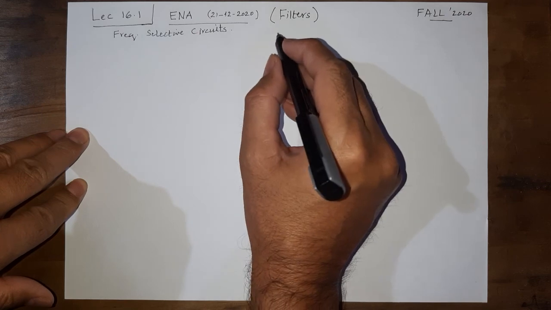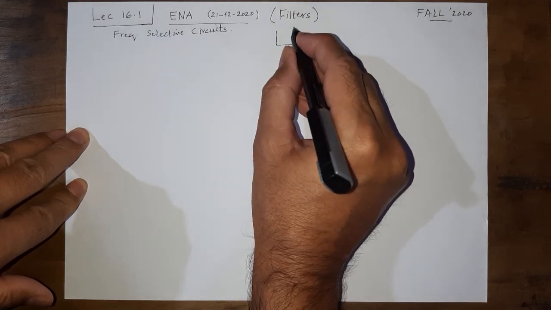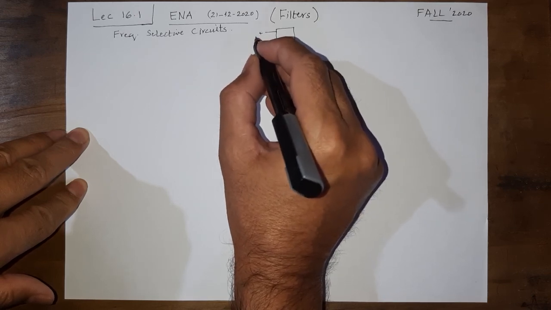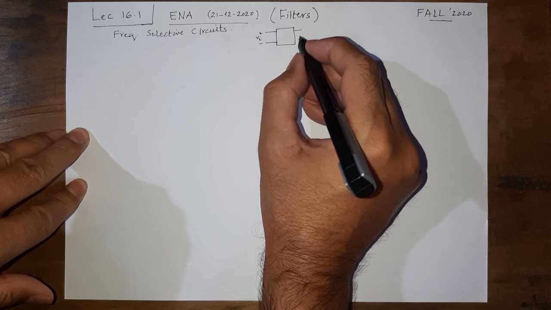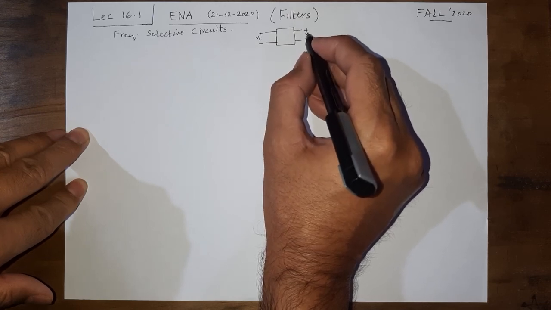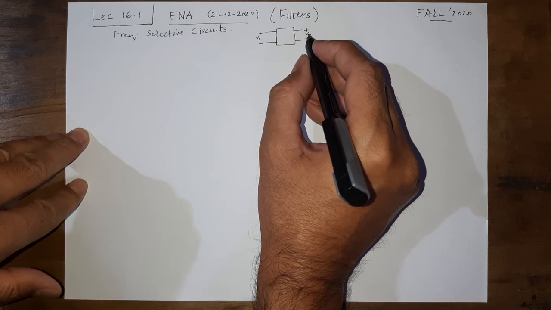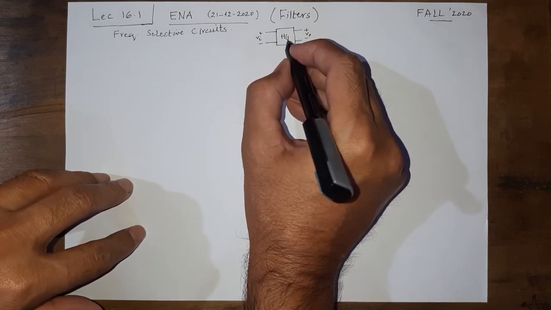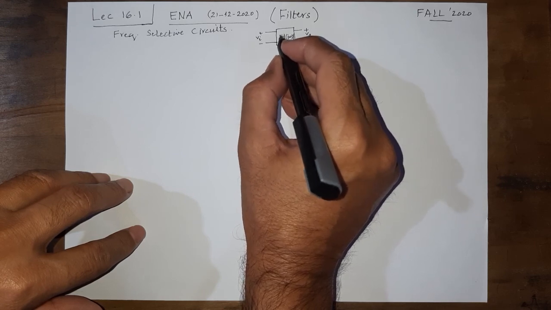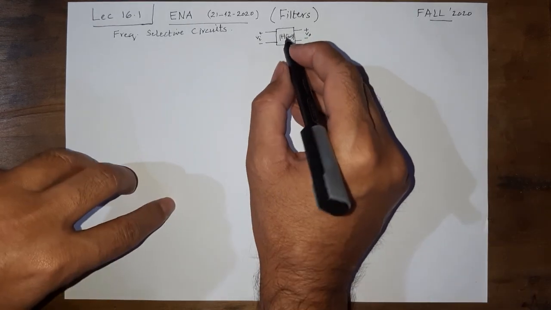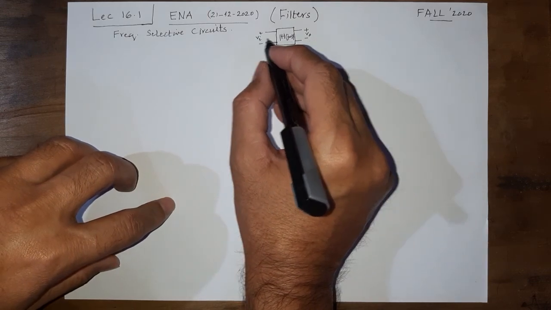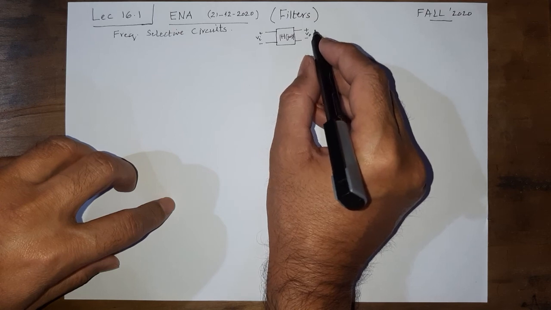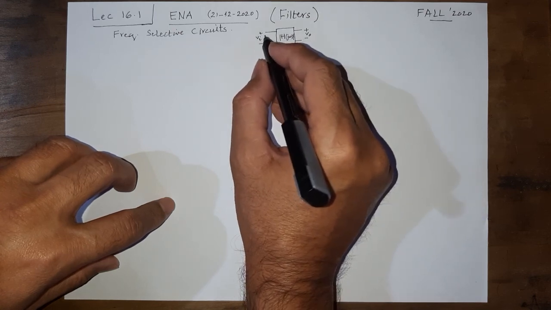By frequency selective circuit, we mean that it is a circuit where the input signal, which we usually take as a voltage, and the output signal that we usually take as a voltage as well, and the transfer function of this system, if we are looking at the magnitude response only, then whether output is a higher value or a lower value depends on the frequency of the input.